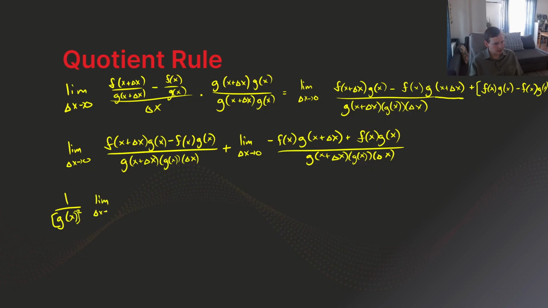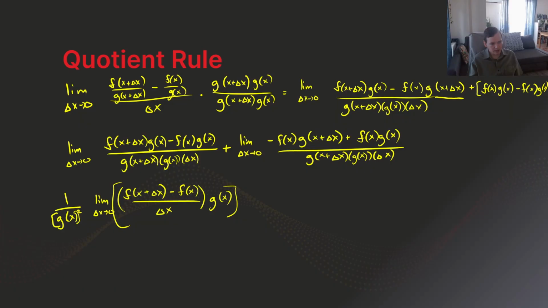So the limit as delta x approaches 0 of f of x plus delta x minus f of x over delta x, and I'm going to factor out the g of x from the numerator in this expression. So I have this like so.